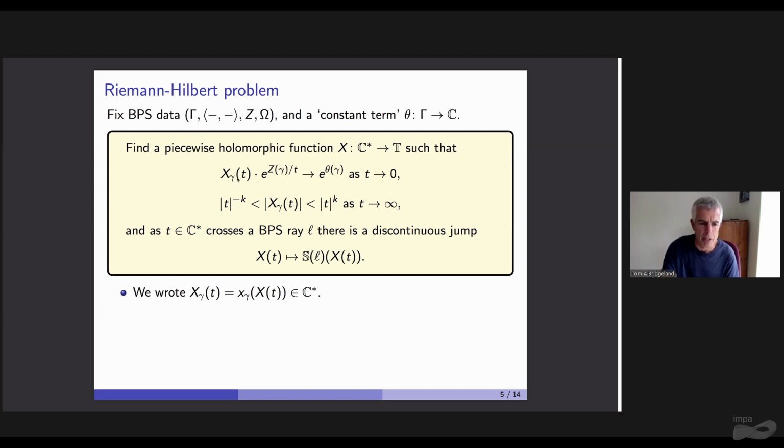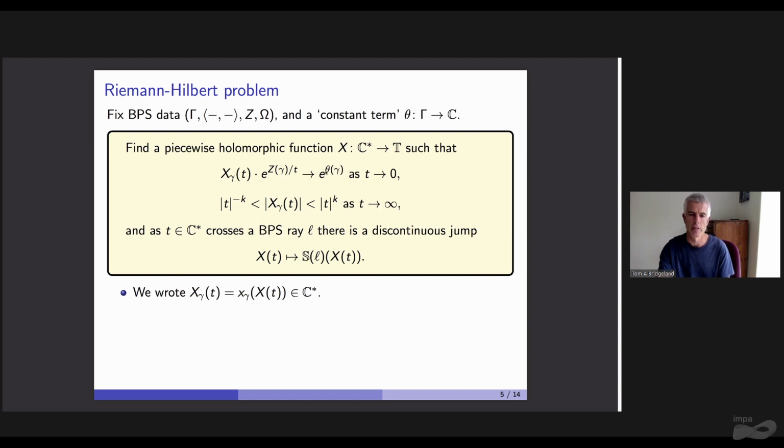Okay, let me just discuss a little bit here. Because we have a map from C star into the torus, there are also these characters of the torus. So if I compose with those characters, I just get maps into C star. That's what I've done here. I've composed X with the character. And then this is saying that X gamma of T has kind of exponential behavior controlled by the central charge.